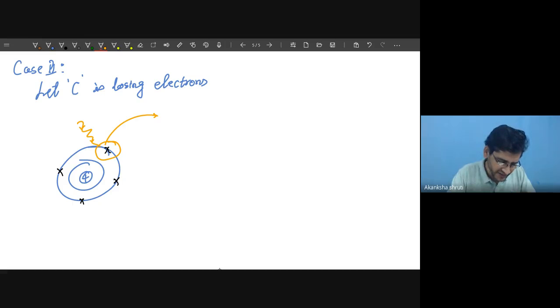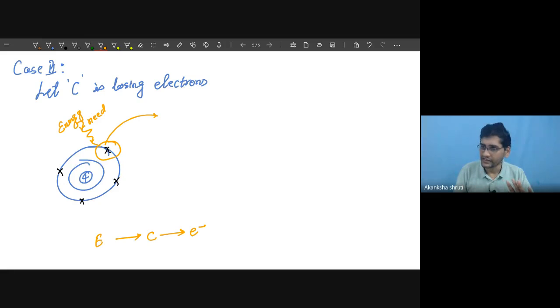So this is the energy needed. If I am giving the energy, the electron will come out. Simply, if the carbon is there and you are giving the energy, it is going to give you the electron out. This is the mechanism of removing one electron.